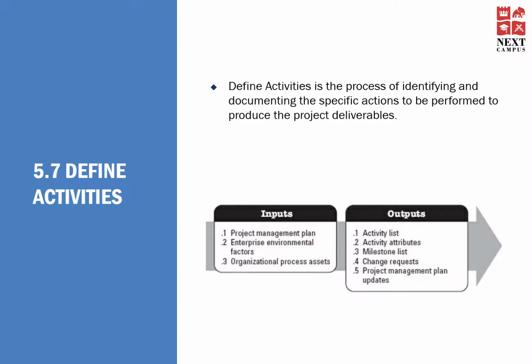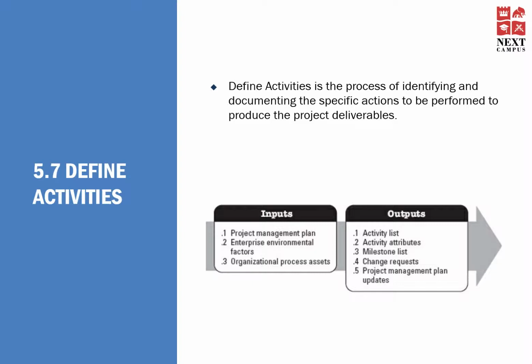The next process is define activities. Define activities is a process of identifying and documenting the specific actions to be performed to produce the project deliverables. The input for this particular process is the project management plan.